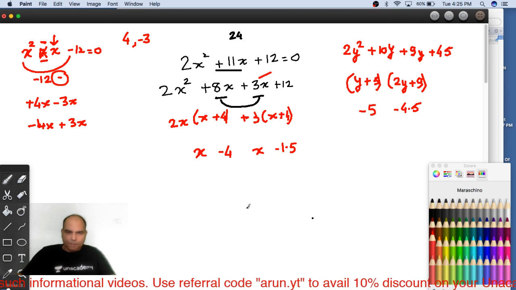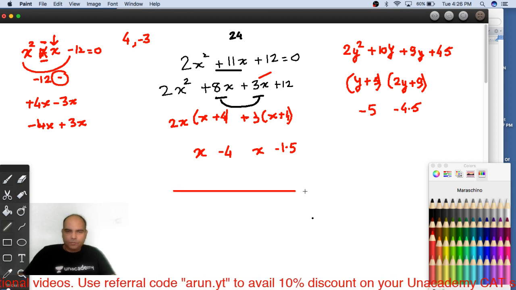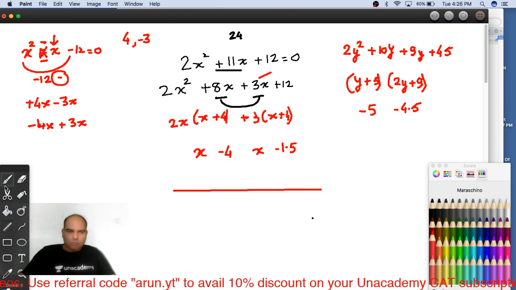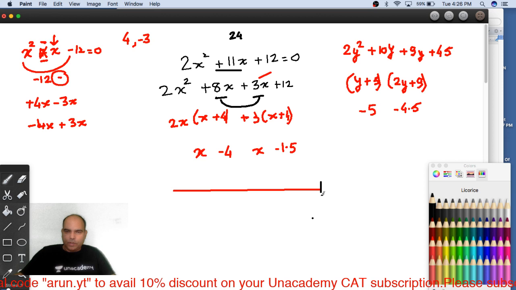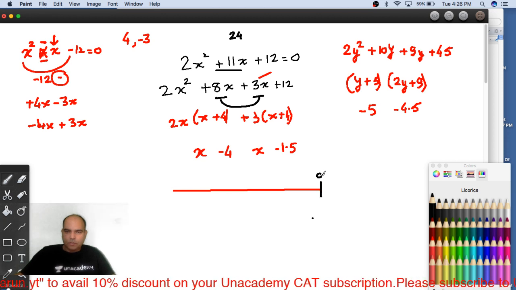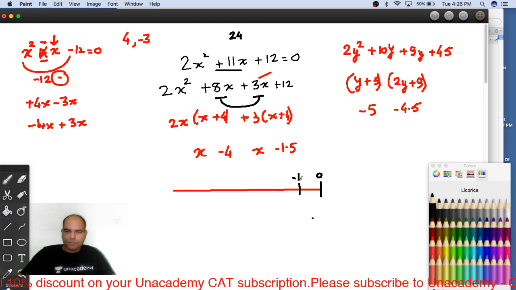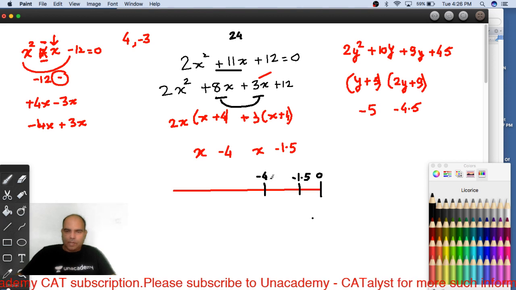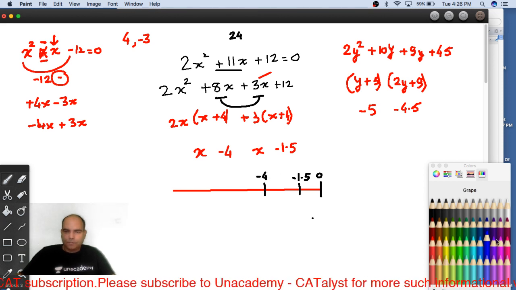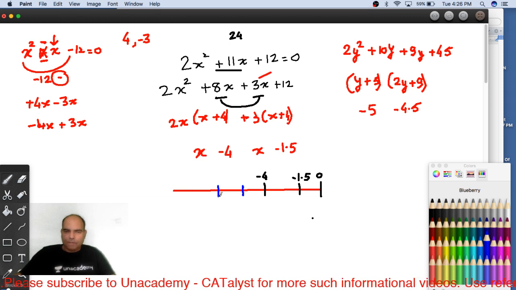And again, if I visualize this on the number line, what I can see very clearly is that if I put my 0 here, the values of x are minus 1.5 and minus 4, whereas the values of y are minus 4.5 and minus 5.